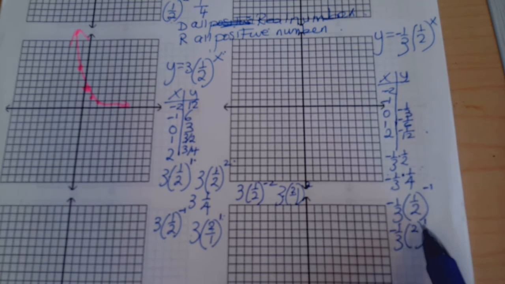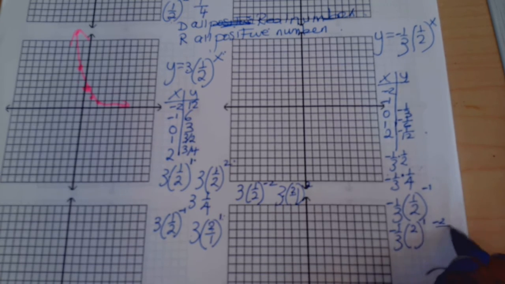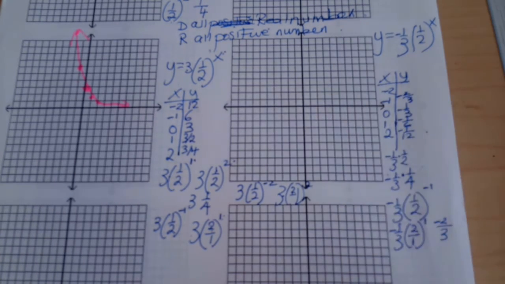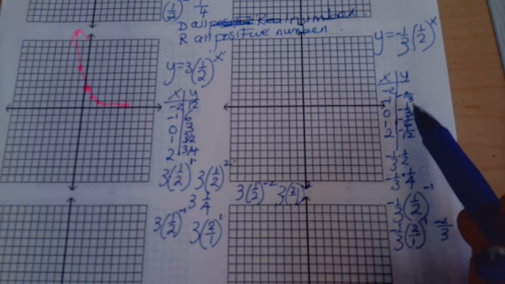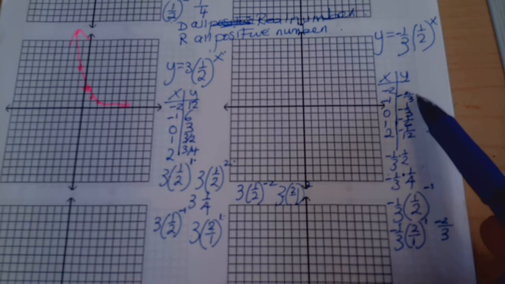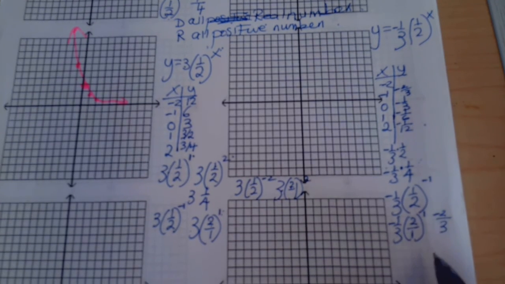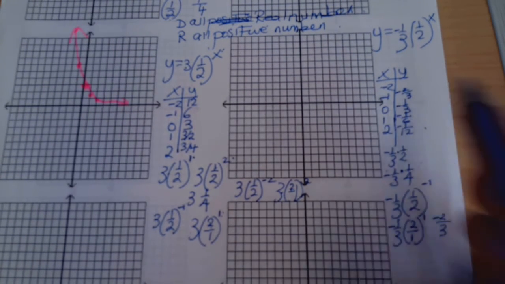So -1 times 2 is -2, and then this is considered a 1, so -2/3. Okay, and that's getting a little bit higher than -1/3. All right, it's more negative, but the numbers are getting a little bigger. So -2.